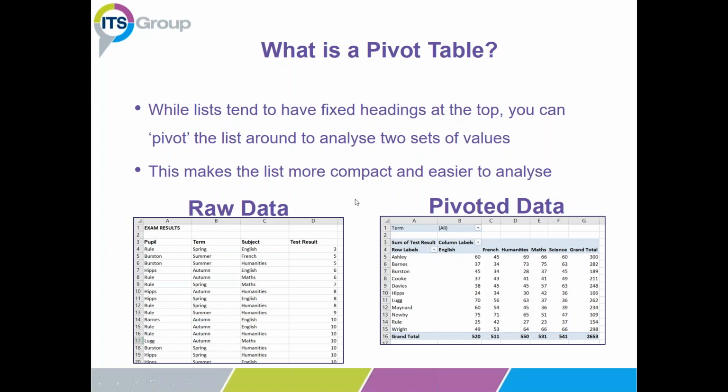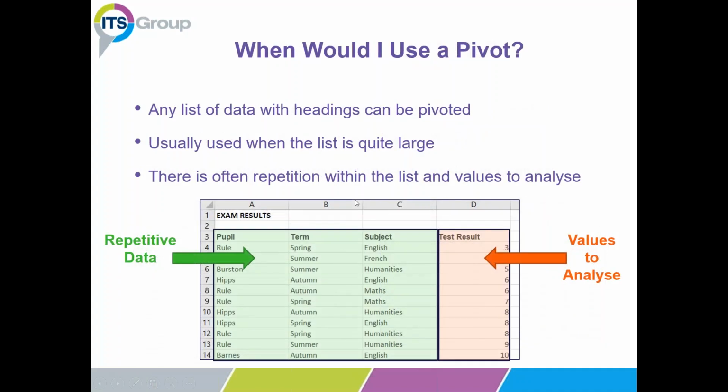Now you can pivot most kinds of data in Excel, but pivot tables are most commonly used when the list has got some kind of repetition and also something that it can analyse or evaluate, for example. So in my example that I've got here, there's lots of repetition. So we've got exam results for pupils.